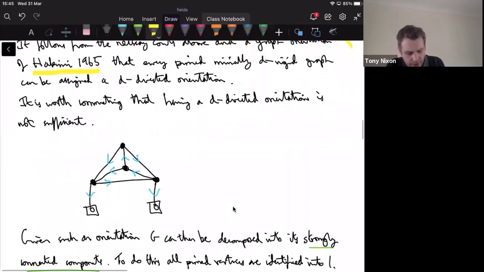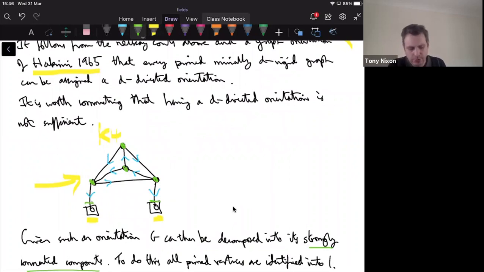Here's an example of that, and I think we showed this example a little while ago. We have two pinned vertices and a K4 up here, and you can see that at this vertex it's got out-degree 2 and in-degree 1. This one has out-degree 2, this one out-degree 2, and then these only have in-degree, and the out-degree is 0 for the pinned ones.